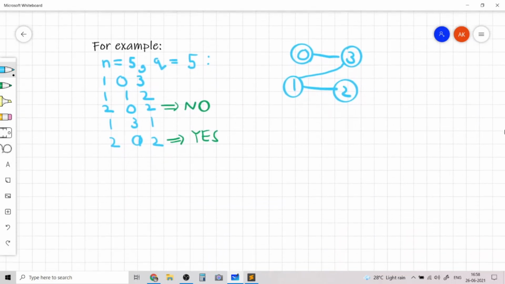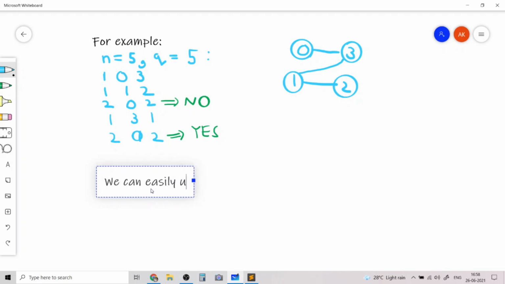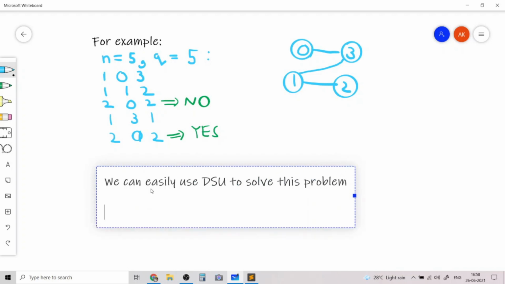So based on this idea, you can clearly see that we can easily use DSU to solve this problem. And how will we use DSU?